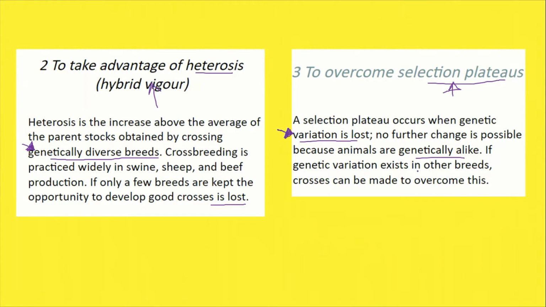If genetic variation exists in other breed crosses, this can be overcome. So if we have been able to store or have forms of variation within other breeds, then it is possible for us to recover our loss of genetic variation.